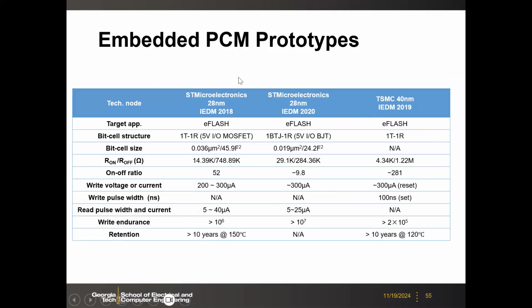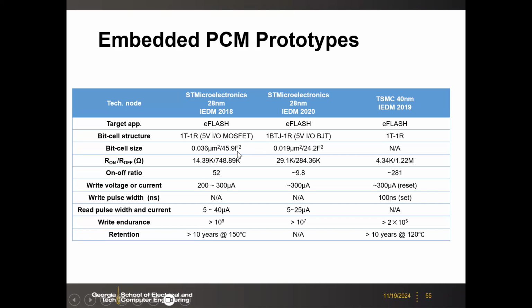So here is a quick summary. Even before this IEDM 2020, ST has another paper at IEDM 2018. At that time, the only difference is that the T in the 1T1R is a MOSFET, but that MOSFET is a 5-volt I/O MOSFET. Okay, then they changed to the 5-volt I/O BJT in IEDM 2020. That enabled the scaling. You see the bit cell size, on the same platform, 28 nanometer FDSOI, and then here you see that the cell size shrinks.